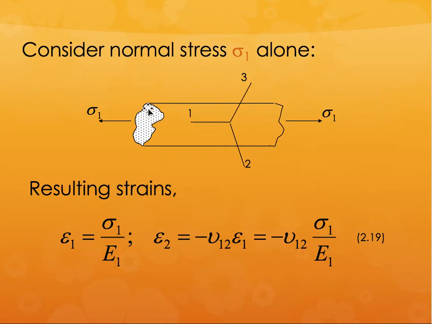So you can represent epsilon 1 equal to the standard Hooke's law, sigma 1 over E1.